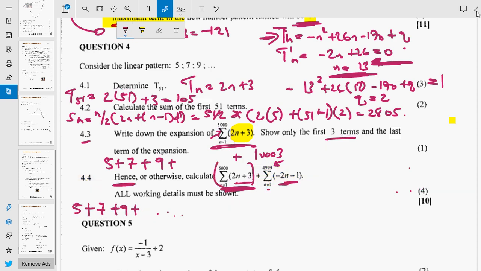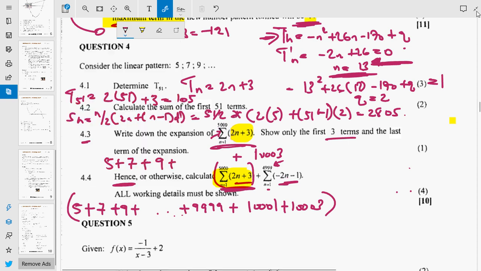Now, in order for you to see this and to understand what is happening, I'm going to write the first 3 and the last 3. Now the last 3 is 9,999 plus 1,001, 1,003. Okay, so this is the expansion of this series here. That is what they asked me in part 1.